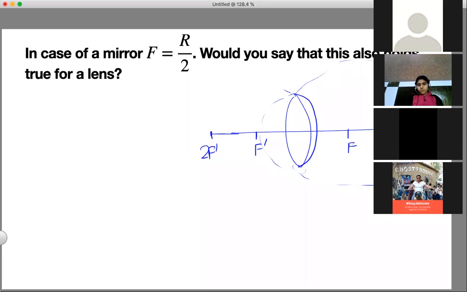But it is not really the center of curvature. Okay, so no, this is not true. No, we cannot say that. तो कभी भी आप जब ये डायग्राम बनाए, don't write a C here. That would be wrong. Okay, don't write C here. Always write 2f.